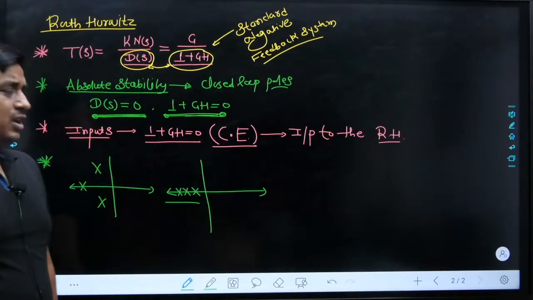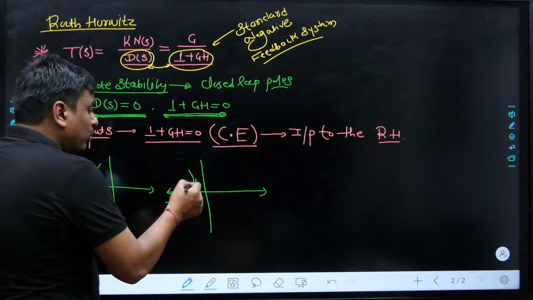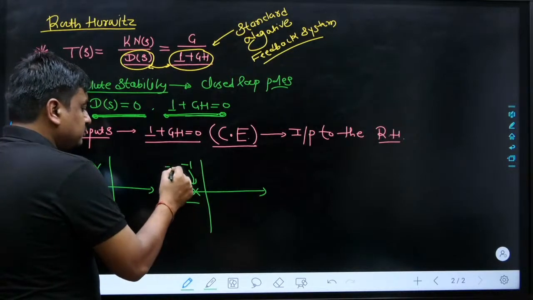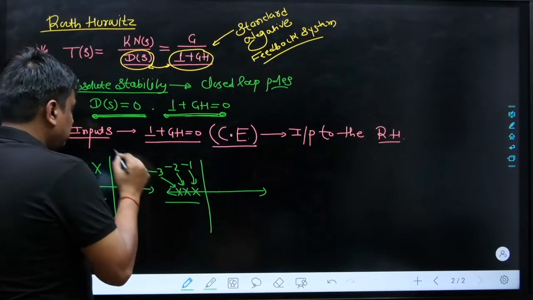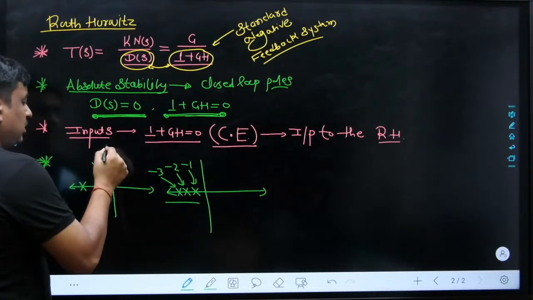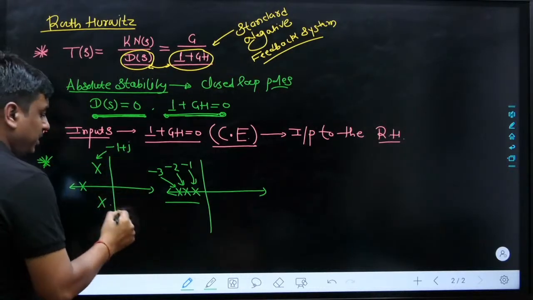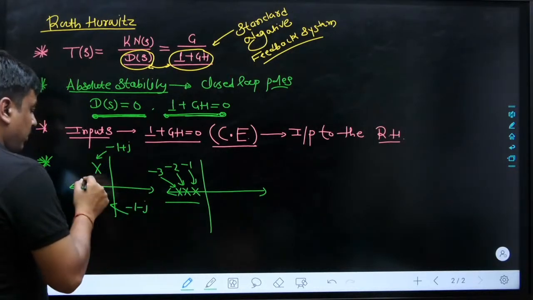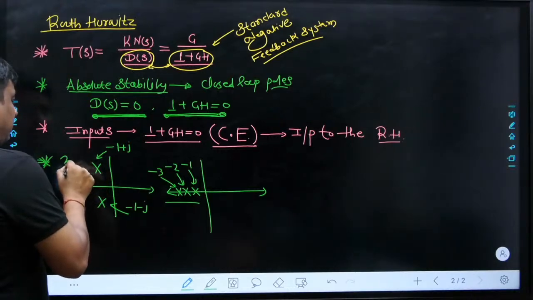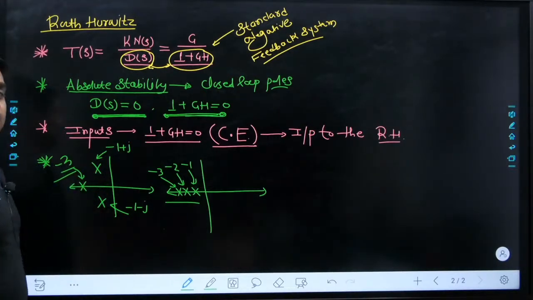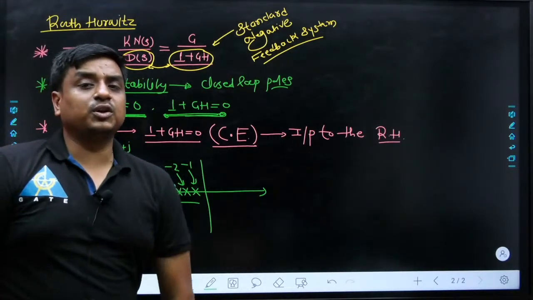So I am not exactly interested in where the poles are lying. Maybe here it could be minus 1 plus j, here minus 1 minus j, here maybe minus 3. No, we are not interested in finding the exact locations of the poles.